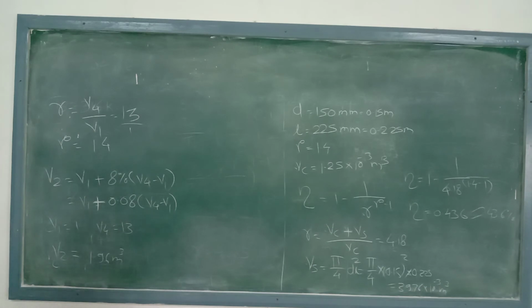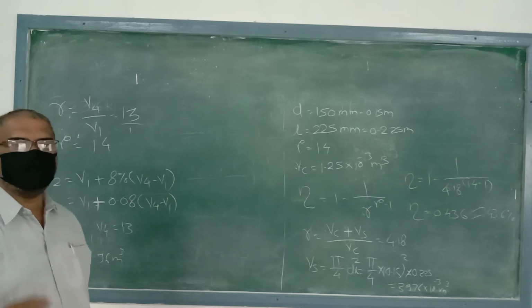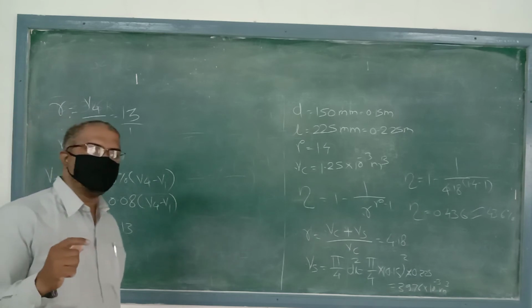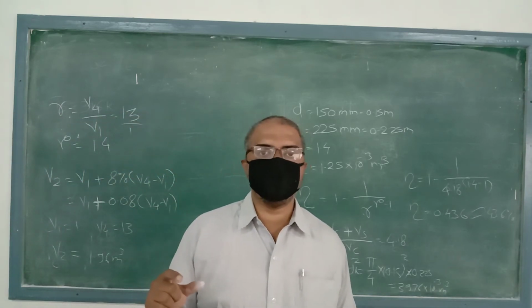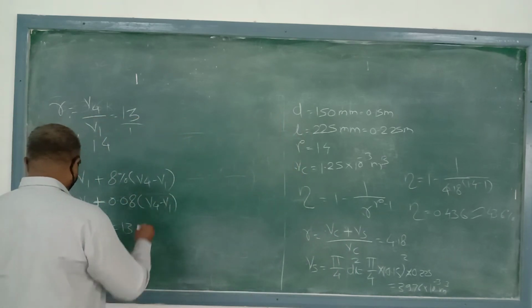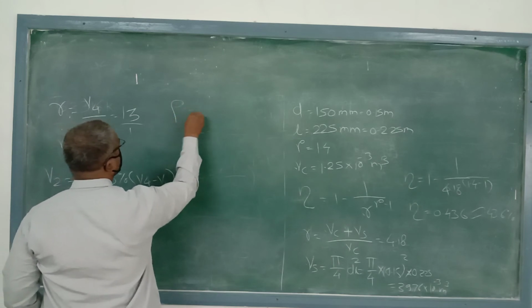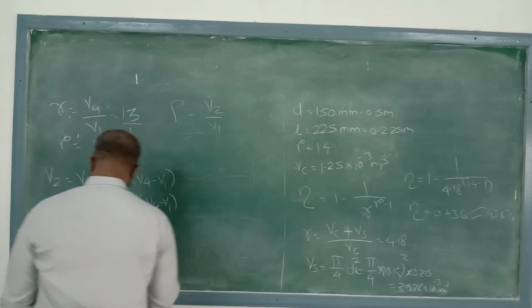Because in this problem we can easily calculate other values, but the cutoff ratio lies where there is a constant pressure process. So the cutoff ratio is V2 upon V1.